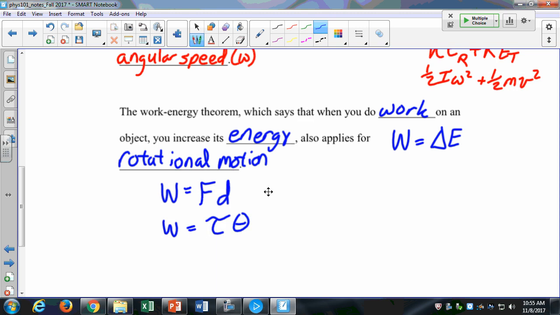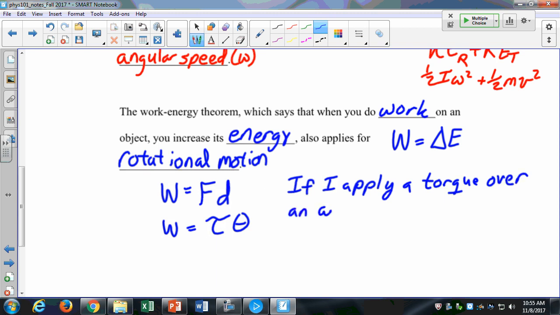We'll look at an example later where we actually apply this, where if I apply a torque over an angle theta, I do work on that object, and I increase the energy by that amount of work.